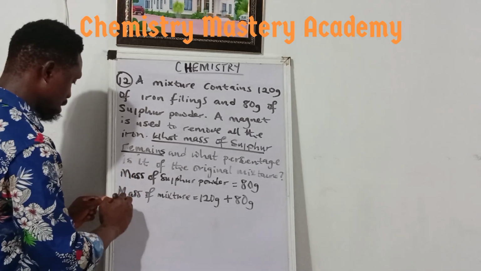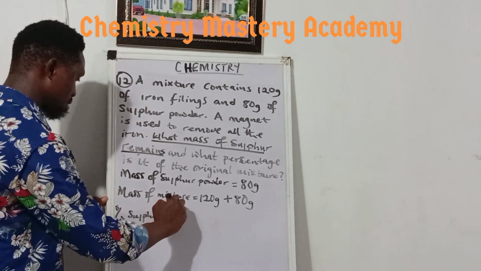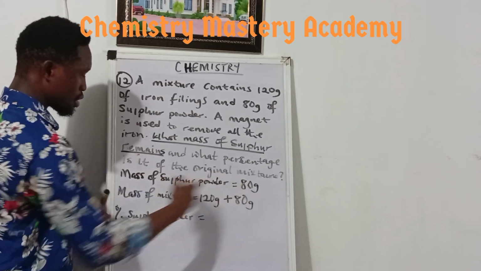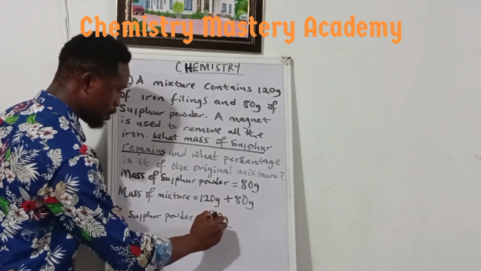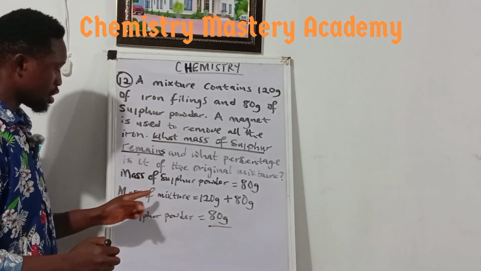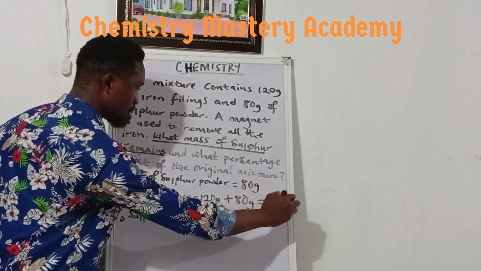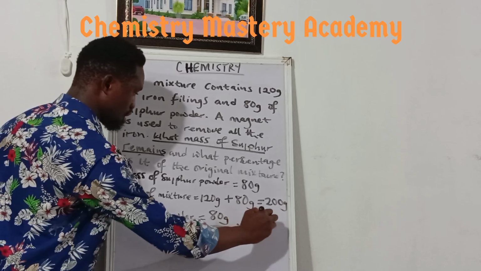Now, if we are looking for the percentage of sulfur powder, what do we do? We say the mass of sulfur powder, 80 grams, over the mass of the mixture, which is 200 grams, times 100.